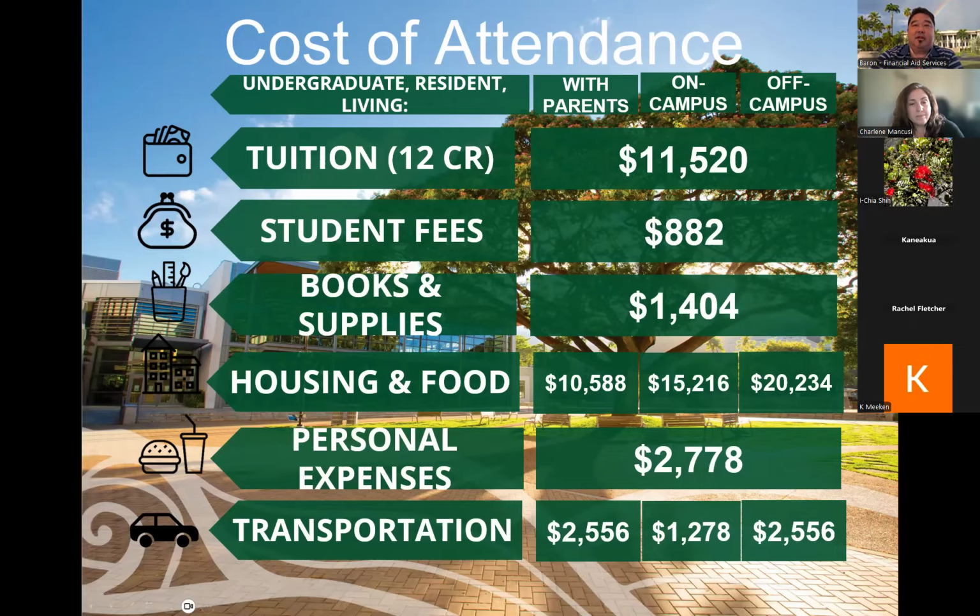It is the estimated amount needed for the academic year for the student to attend. This is the maximum amount that we can package students or certify or originate loans up to, that total cost of attendance.